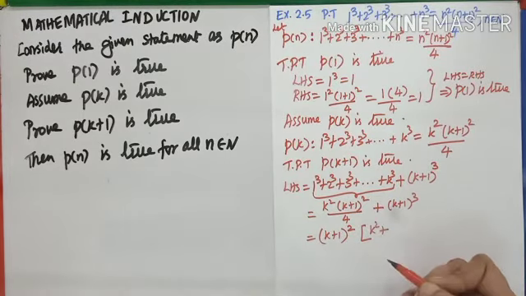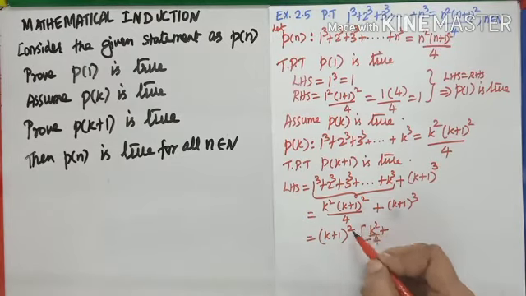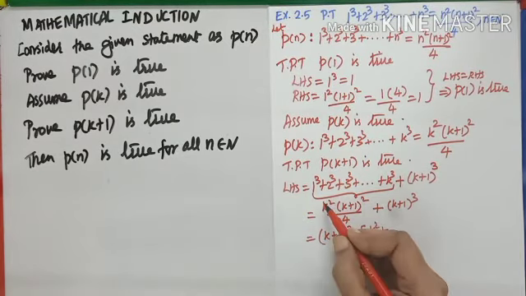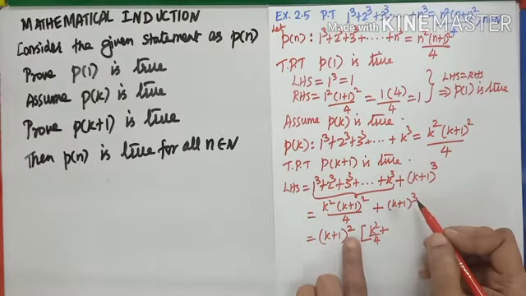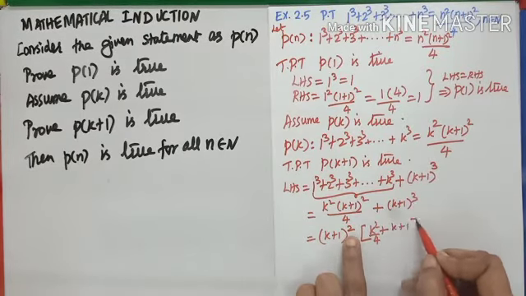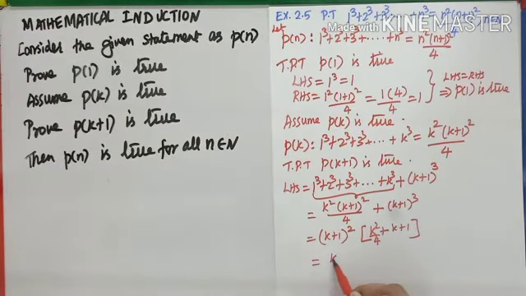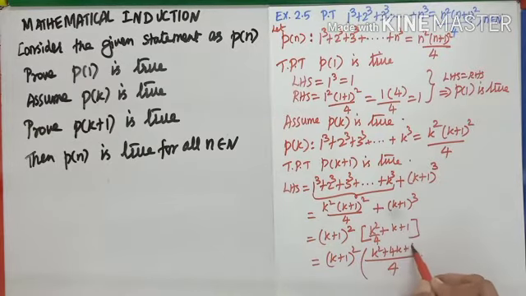K square by 4. This only I have taken out. K square by 4 will come. From K plus 1 the whole cube, power 2 is taken, so K plus 1 will remain. This is K plus 1 the whole square, LCM 4, K square plus 4K plus 4, cross multiplying.